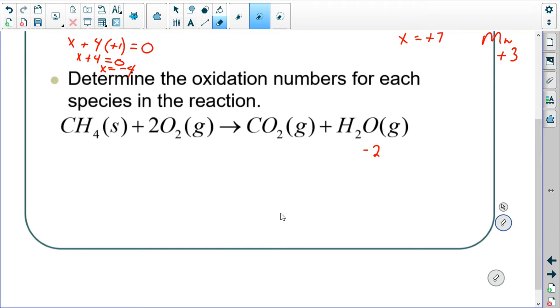Each oxygen, because they're in molecules, is going to be assigned a -2. This oxygen here can be assigned a 0 because it's in elemental form. Each hydrogen will be assigned +1.